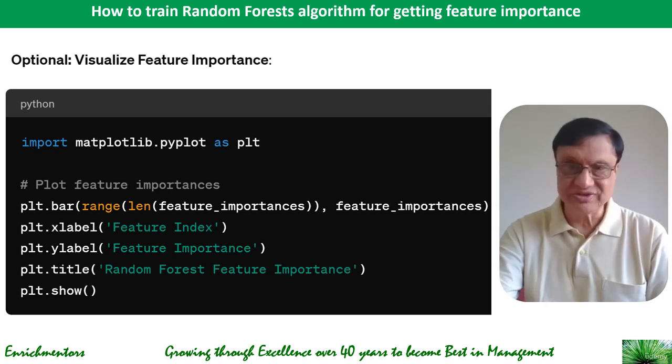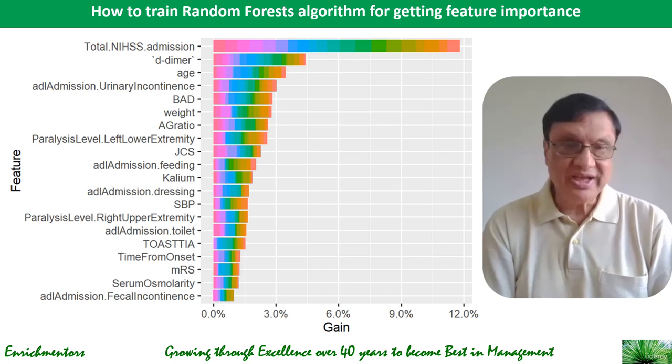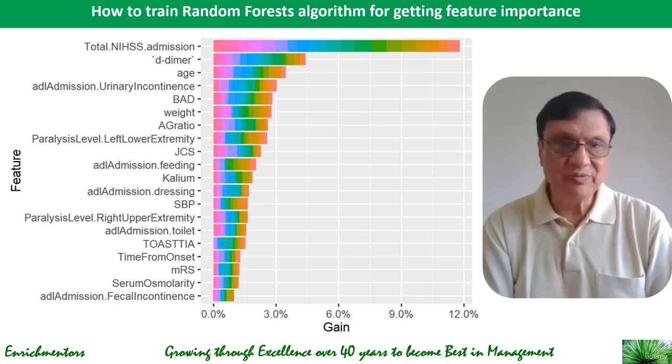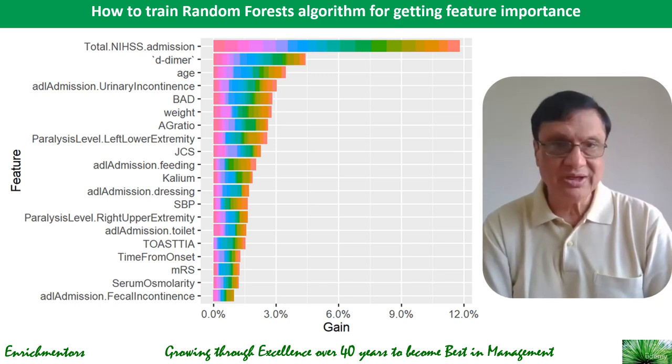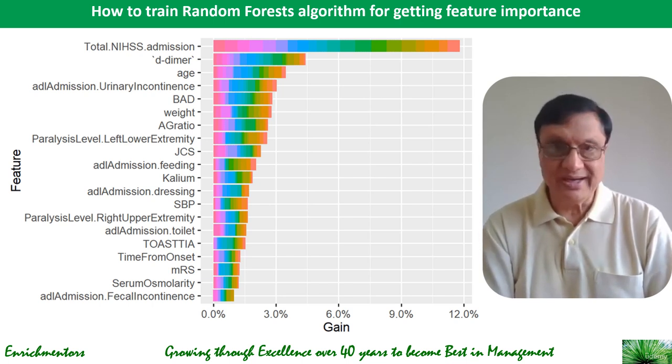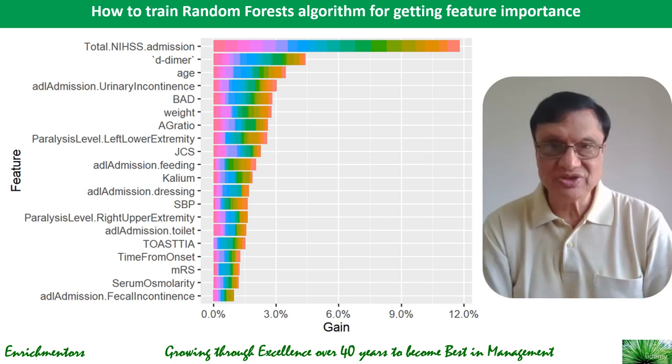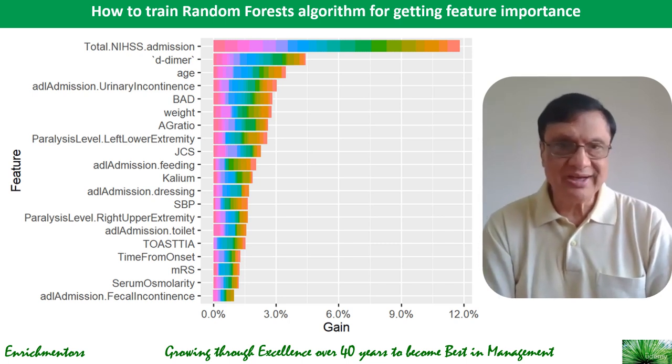Once having visualized the scores, you can interpret the results to understand which features are more important for the model. Higher values indicate more important features, while lower values indicate less important features.